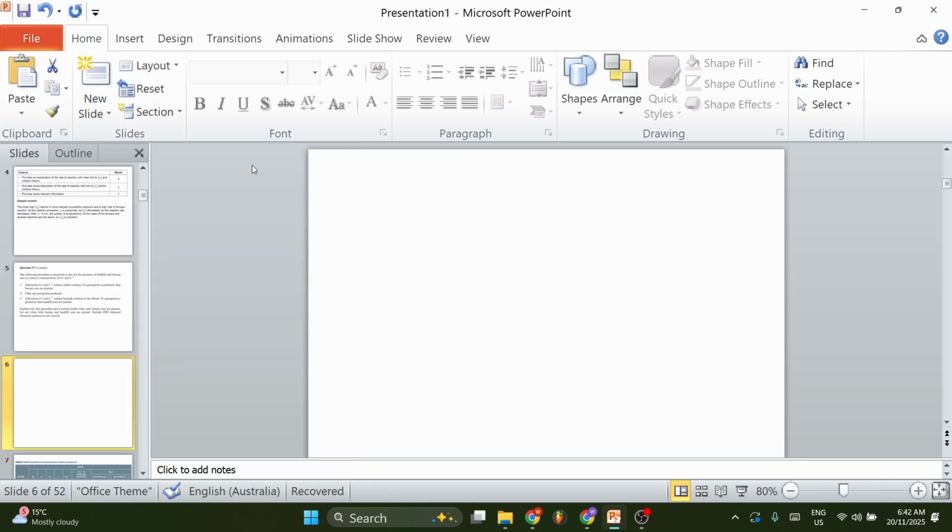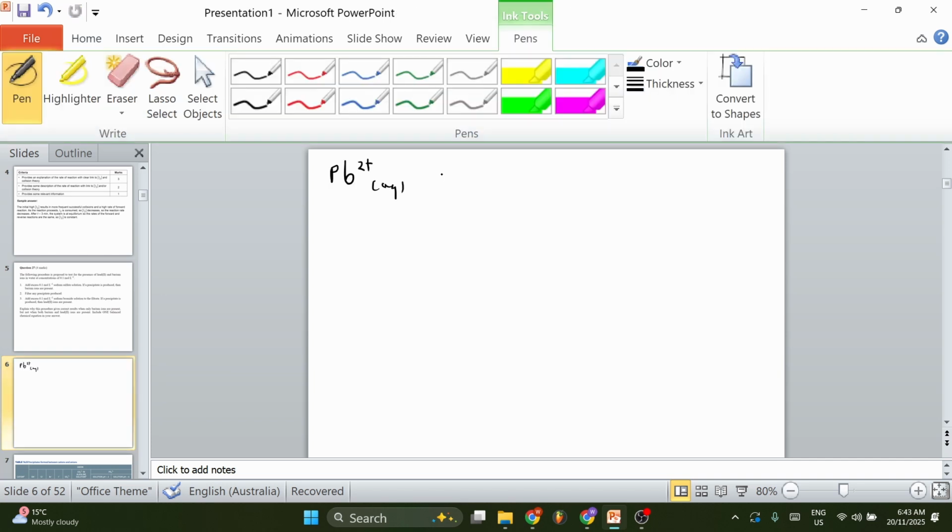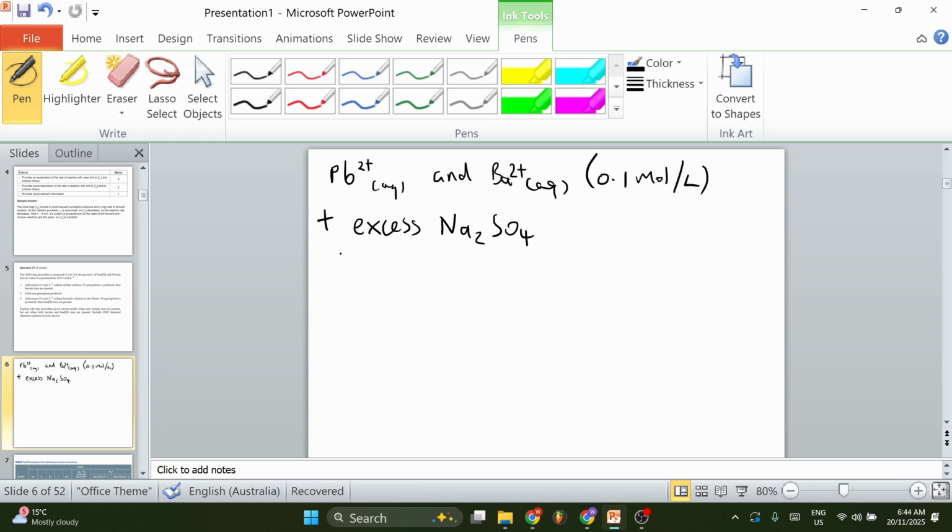So the question is saying that you have both the presence of lead-2 plus aqueous and barium 2 plus aqueous. The procedure goes that excess sodium sulfate was given to the mixture. Barium sulfate is formed. So barium 2 plus aqueous plus SO4 2 minus aqueous goes to barium sulfate, solid.